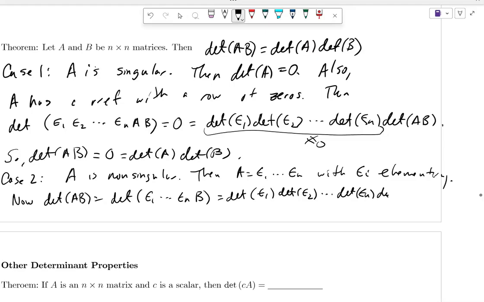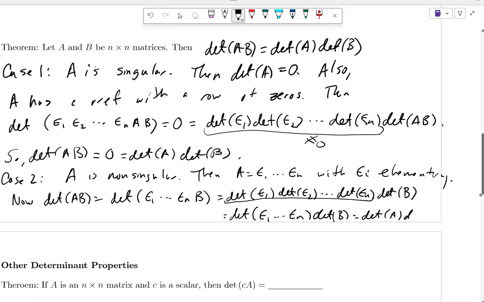So I broke it apart, pulled the B off, but now I can take this thing and just put it back together again. So this now becomes determinant of E1 out to En times determinant of B, which is determinant of A times determinant of B.